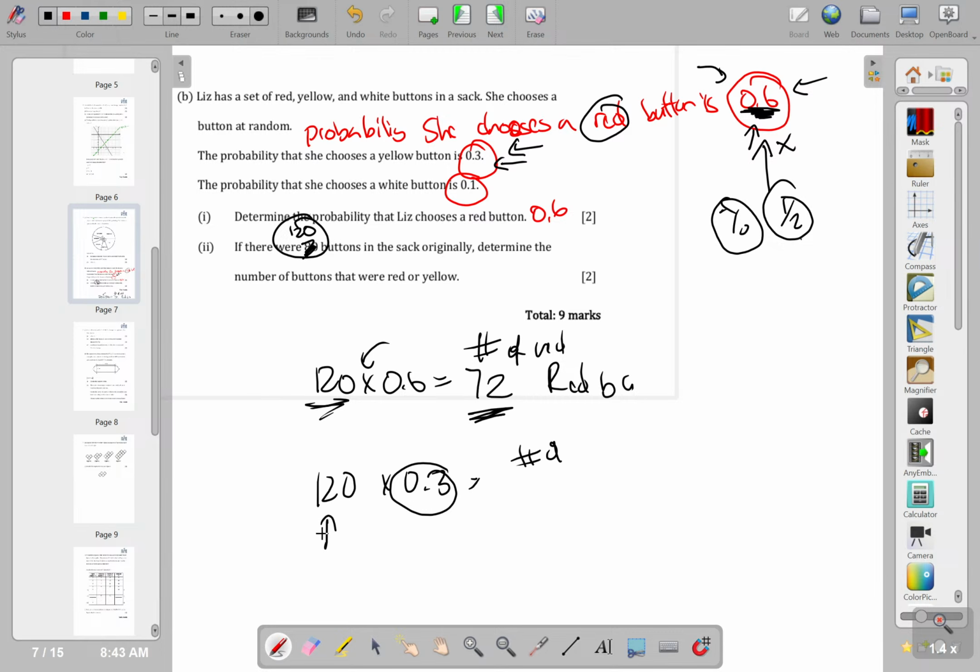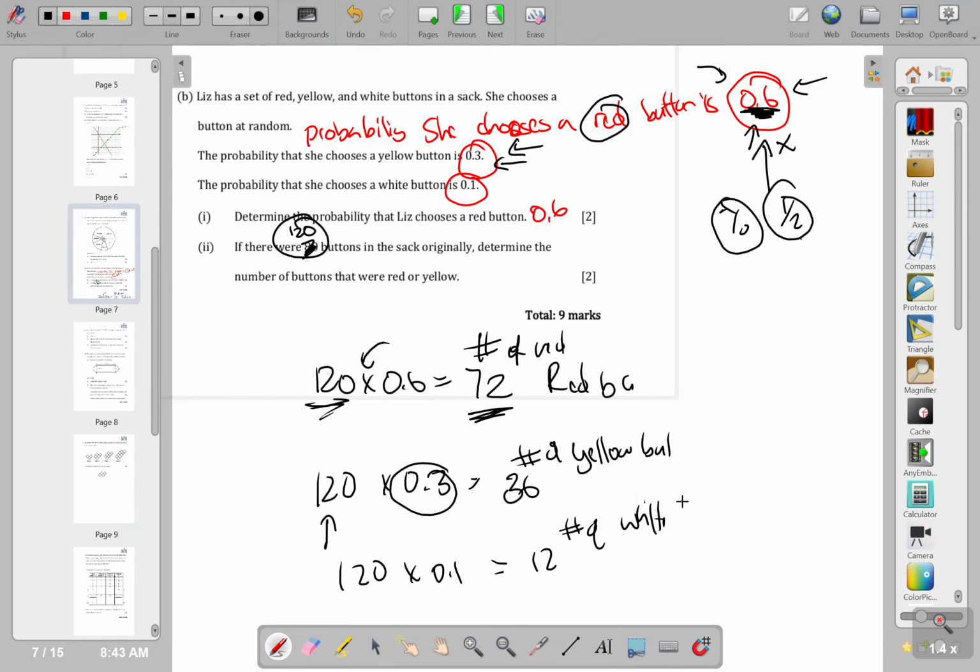Probabilities, percentages, and fractions need to get applied to a total. That looks like 36 when we do the maths. Then 120 times 0.1 will give me 12. That's the number of white buttons.